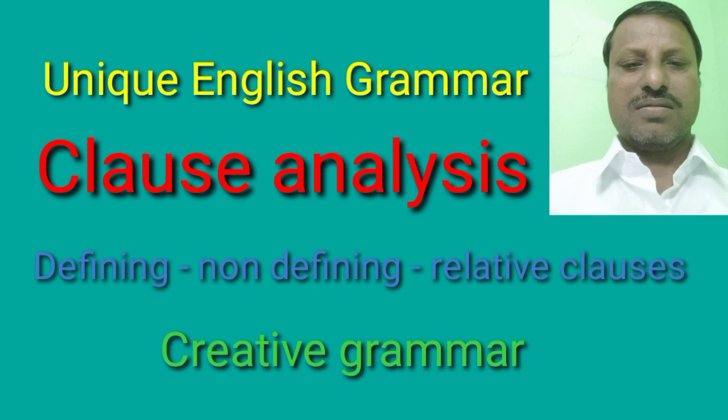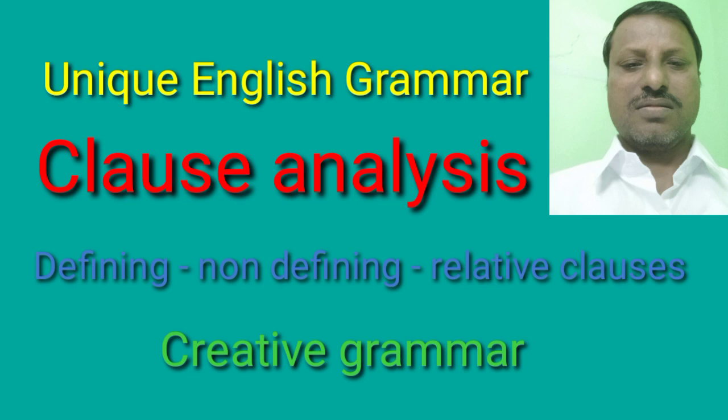Another example, having finished his work, he went to bed. In this sentence, having finished his work is a non-finite clause. He went to bed is a main clause. Having finished, here a perfect participle is used.